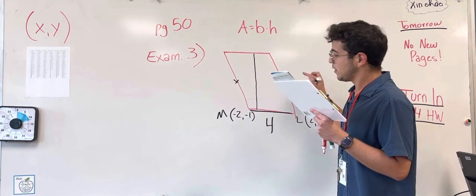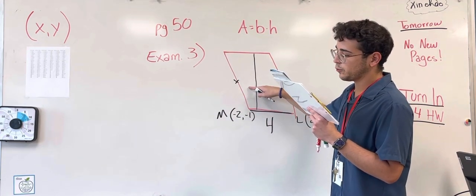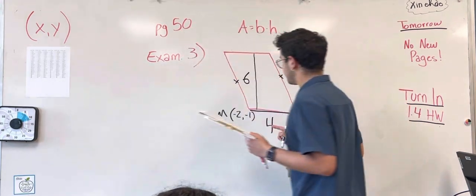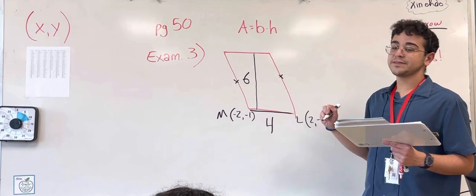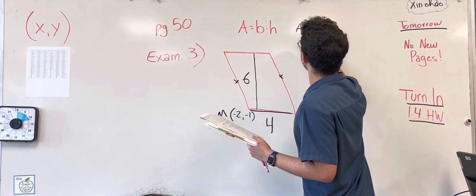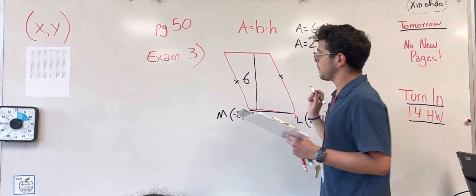The height, we're just counting, goes up 1, 2, 3, 4, 5, 6 boxes. So that means base of 4 times height of 6 is an area of 24 units squared.